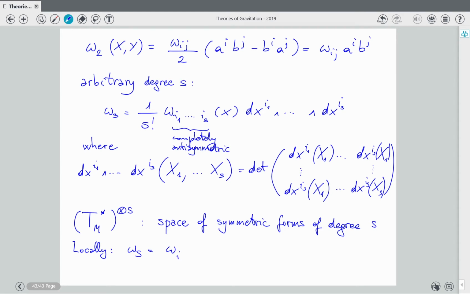Here instead you have an object that is completely symmetric. And it multiplies some formal thing that is written like this.